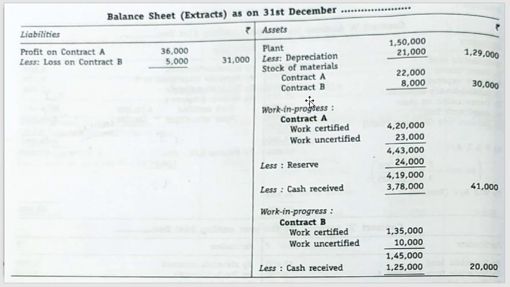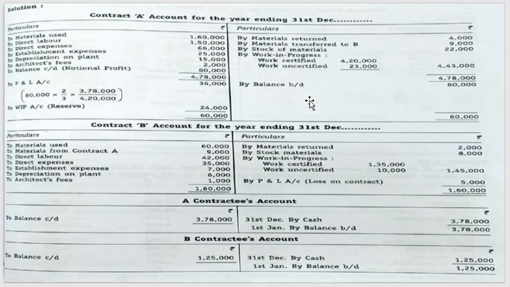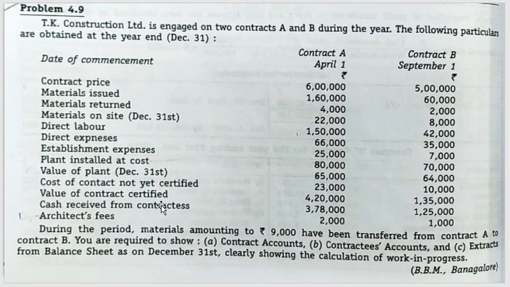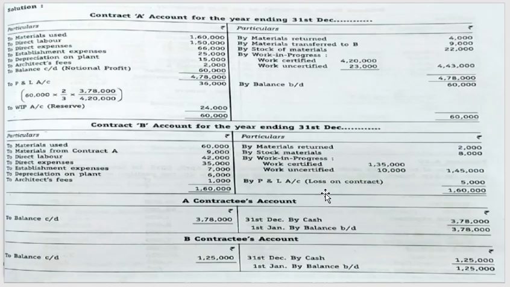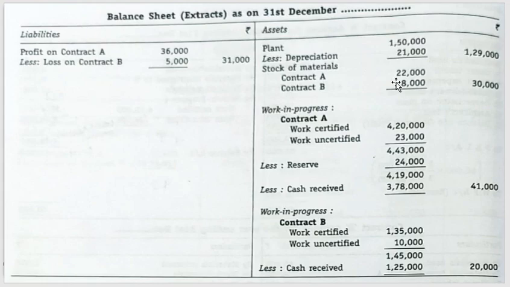Now there are no other assets, fixed assets or current assets. So we will show the work in progress. Under work in progress for A, we will take work certified and uncertified, which is 4,20,000 work certified and 23,000 work not certified. With this total, which is 4,43,000, we will minus the amount which has been transferred to reserve and the cash we have received.